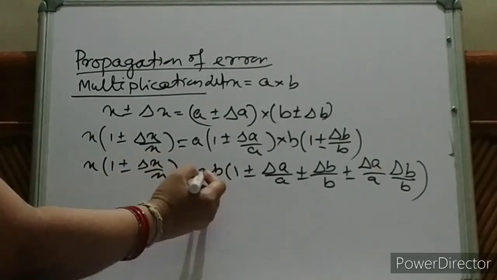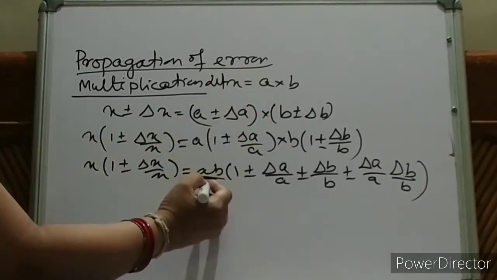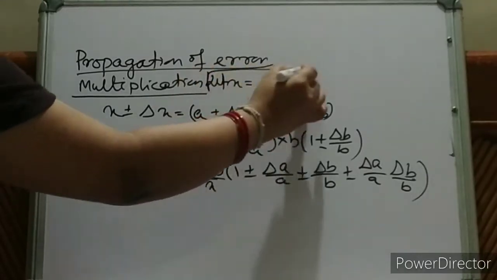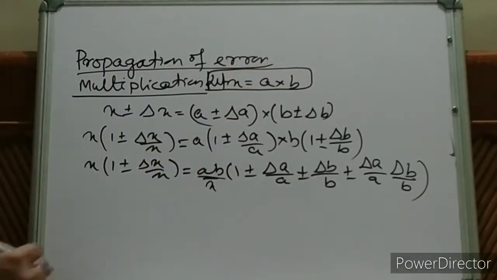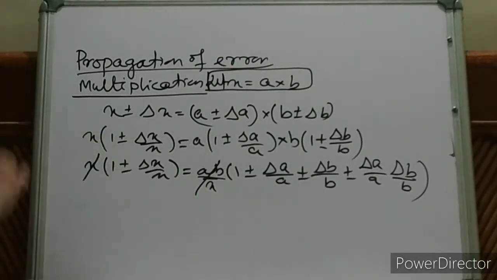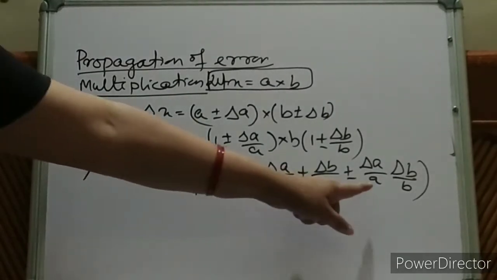See, this ab means x only. Here we have taken x is equal to ab, so we can cancel it out.